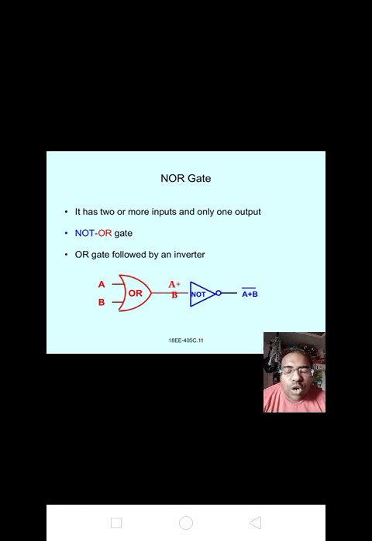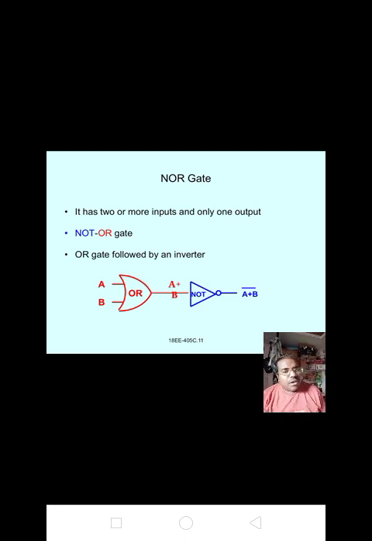The NOR gate has 2 or more inputs and only one output. The NOR gate is a combination of NOT gate and OR gate, that is, NOR gate equals NOT gate plus OR gate.